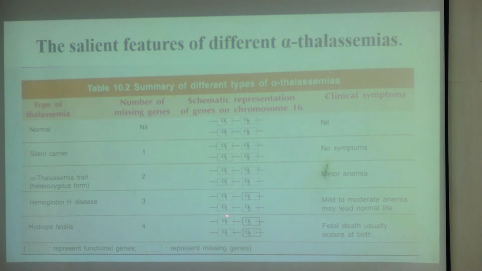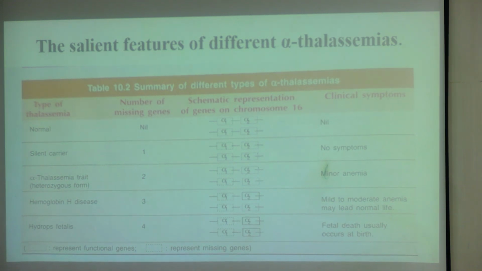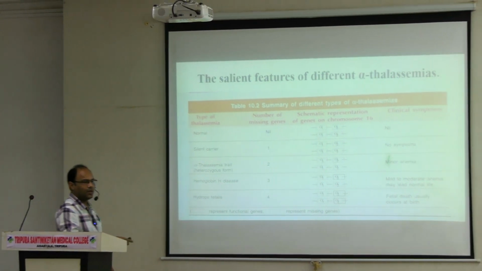And if alpha 1 and alpha 2 are both absent, then the fetus will die within the womb. This is called hydrops fetalis. Okay. This is something about alpha thalassemia. You will read again in your pathology and medicine classes later. Just remember the term alpha thalassemia.